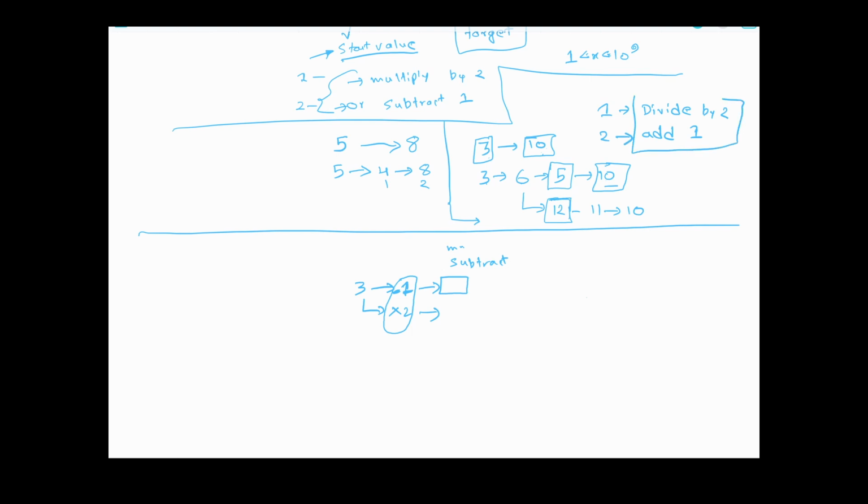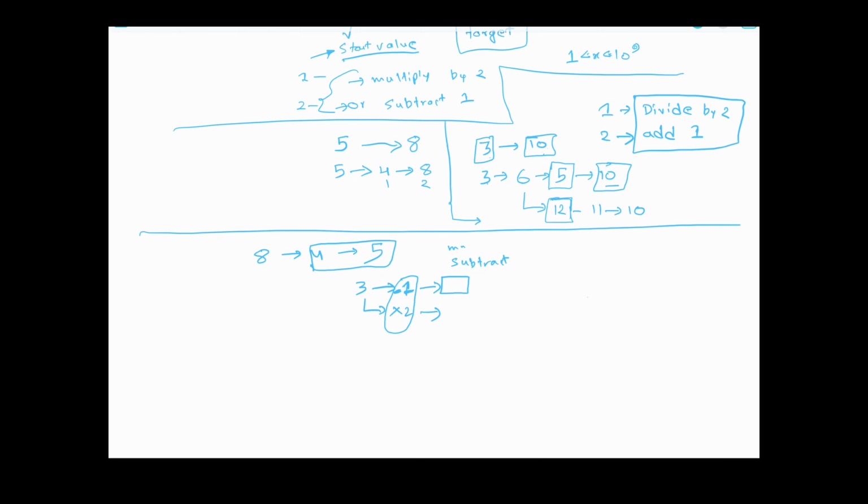These are the 2 operations available to reach the start value. For the same scenario, from 8 to 4 and then 5, we can reach it in 2 steps.